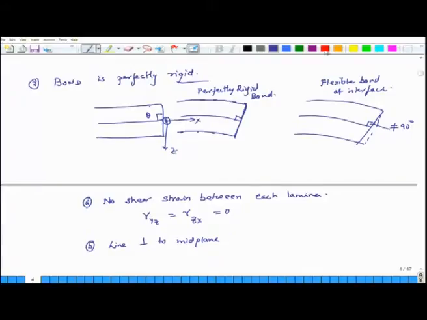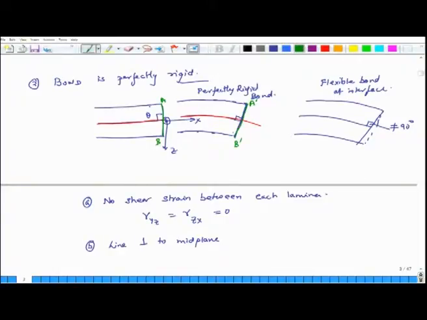So, this is the mid plane, and this is the line which is perpendicular to the mid plane. So, this is line, let us say AB, and once the thing has bent, this is A prime, B prime, our mid plane is this, and the line A prime B prime is this.